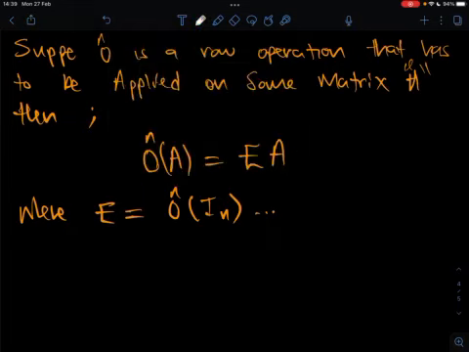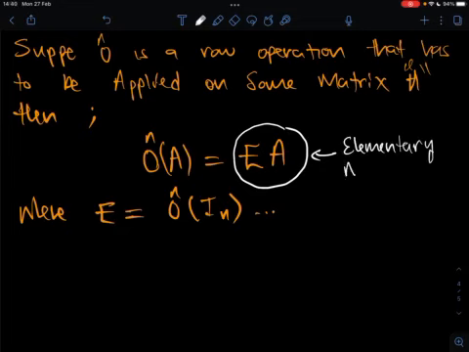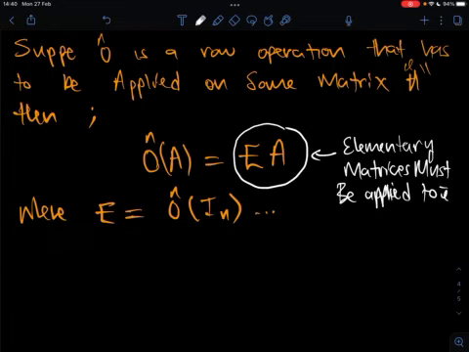One thing you must pay attention to is that elementary matrices must be applied to the left hand side.